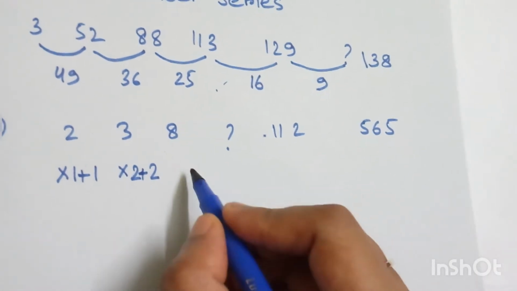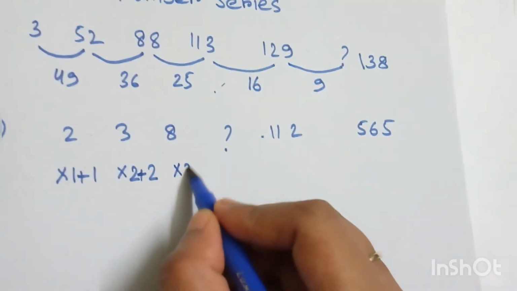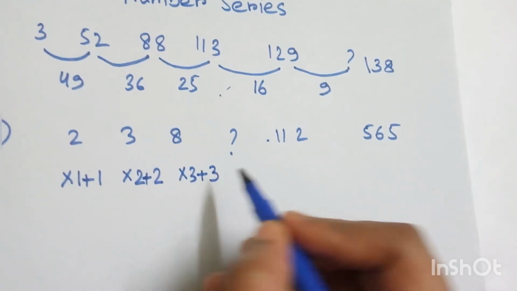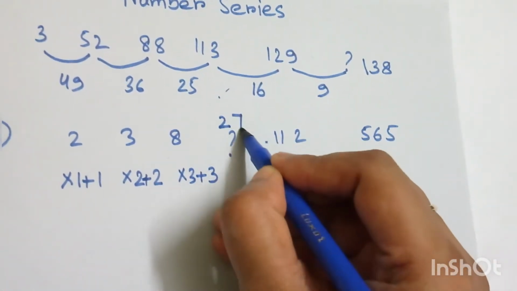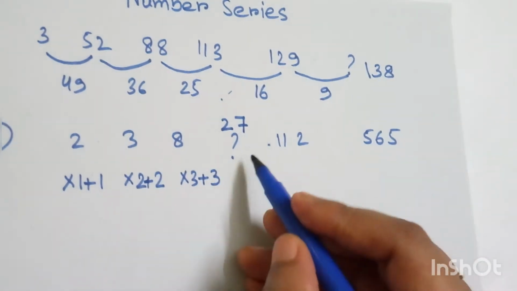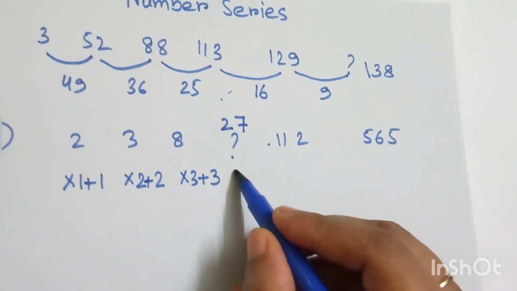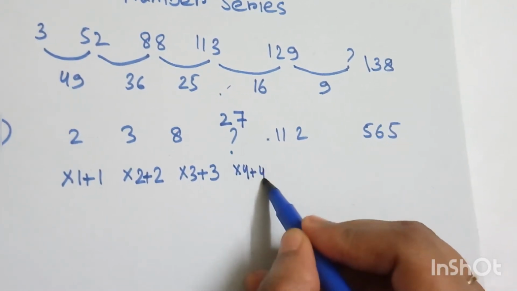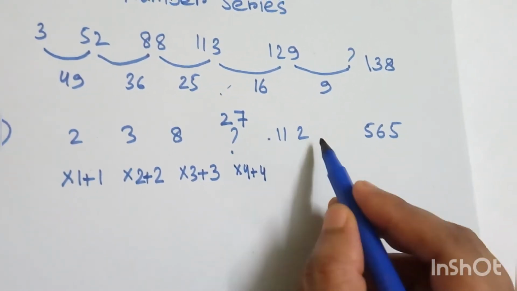So this number will be 8 into 3, 24 plus 3, which is equal to 27. So check this number, 27 into 4 plus 4, we will get 112.